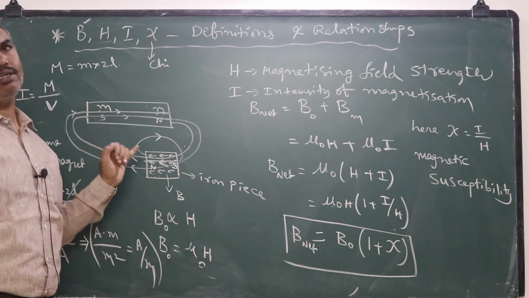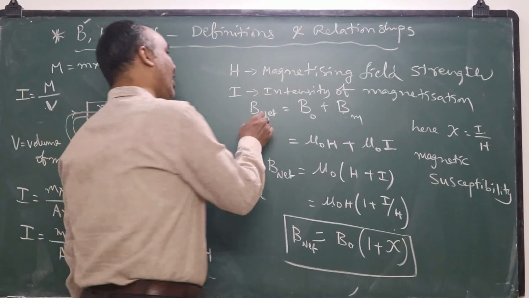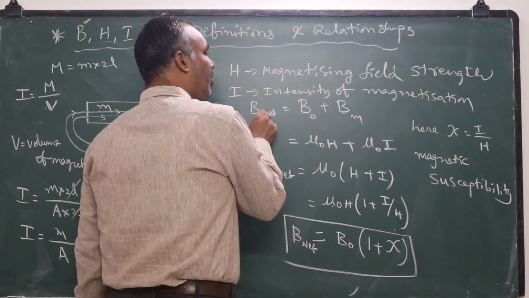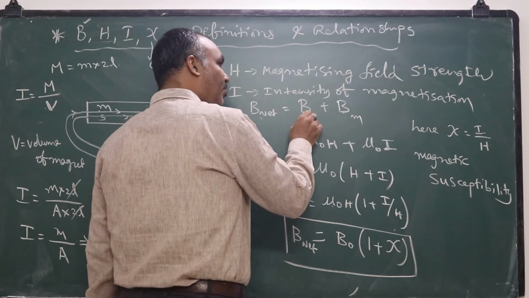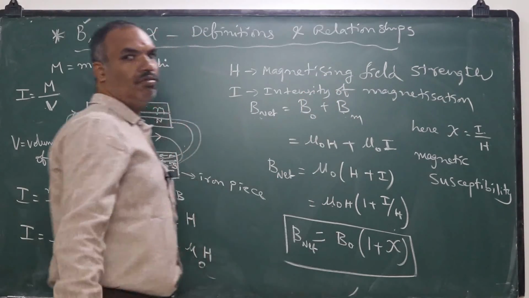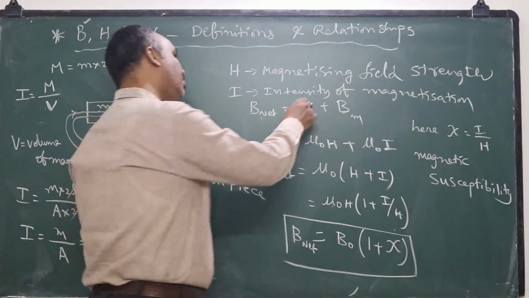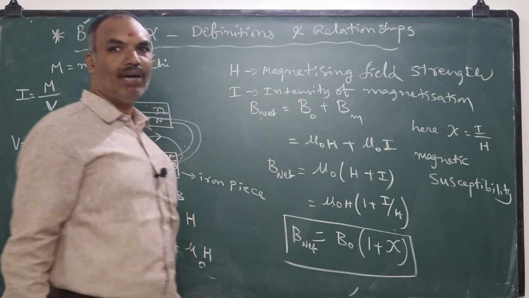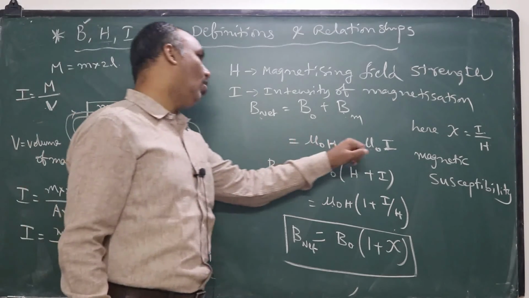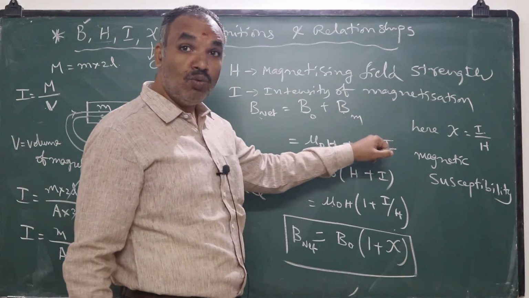You are getting knowledge. So the net knowledge gained by you is nothing but knowledge given by me plus knowledge acquired by you. Knowledge given by me depends on my strength, the magnetizing field strength. Knowledge acquired by you depends on your strength.